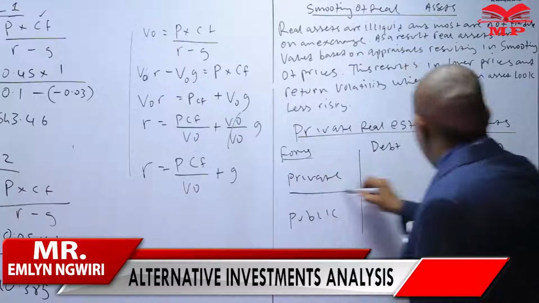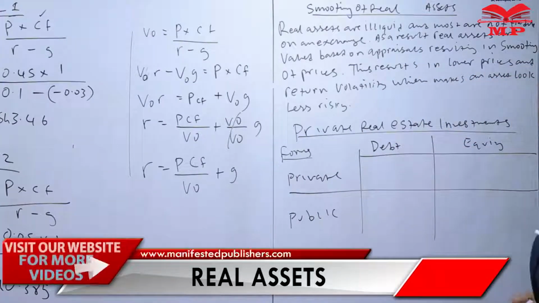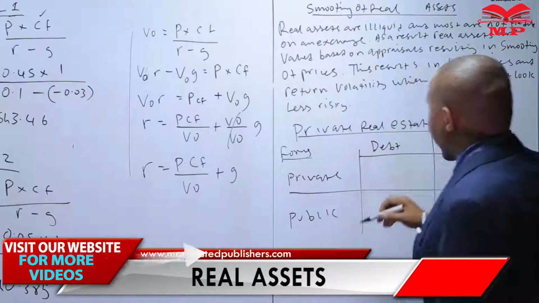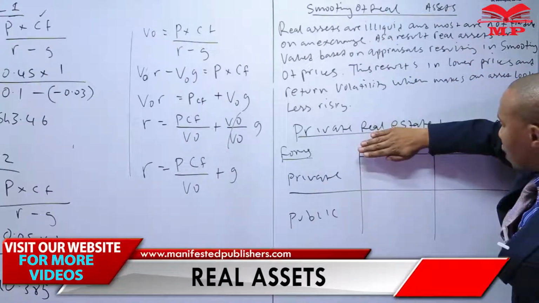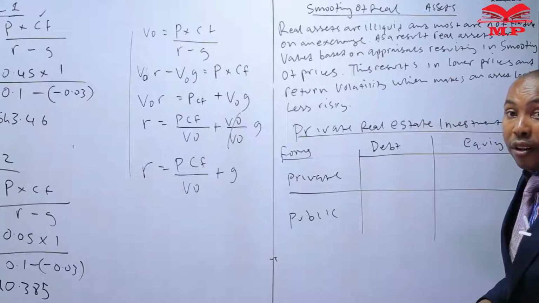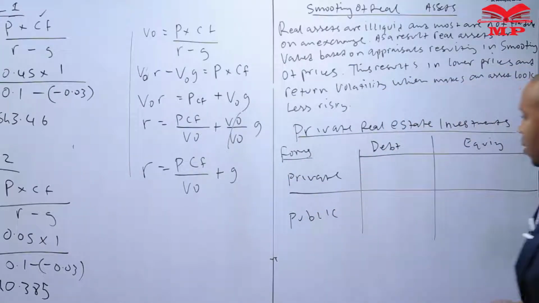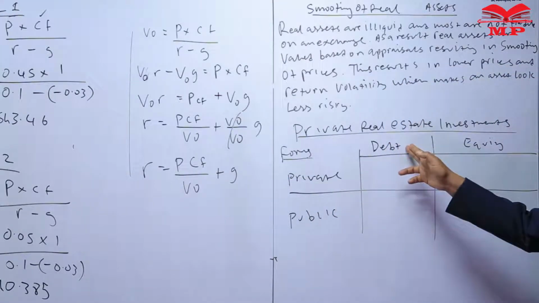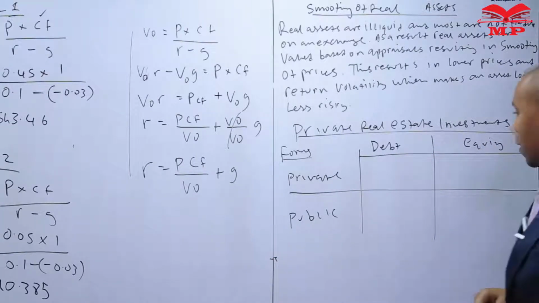We can draw subdivisions like that, so that when we hold this side constant, we'll be looking at private and public forms of real estate. We can also hold these two forms constant, and then there are debt forms and equity forms of investment.